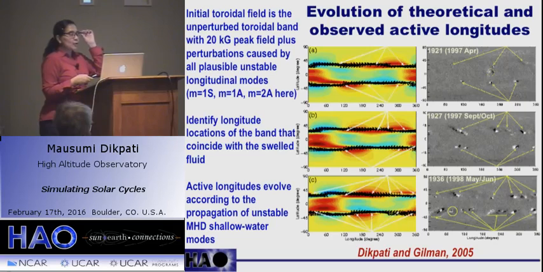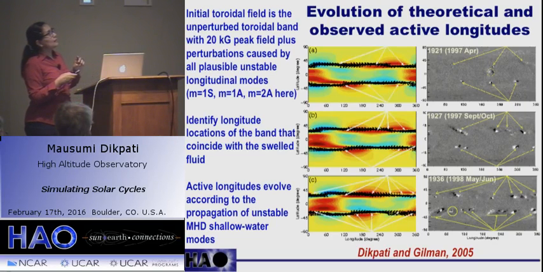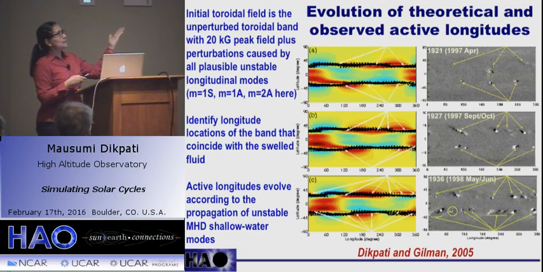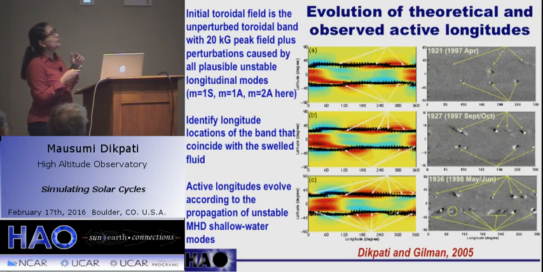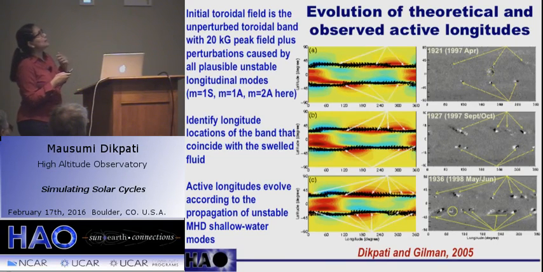Then construct a total toroidal band, adding the perturbations with amplitudes decided from their growth rates, as a linear superposition of all those perturbations added to the unperturbed state.